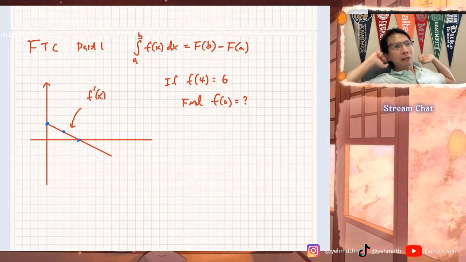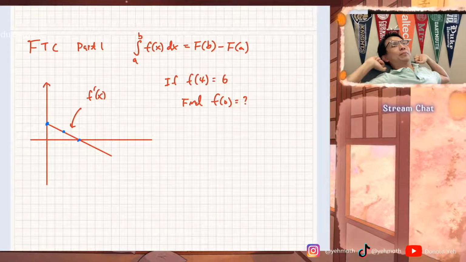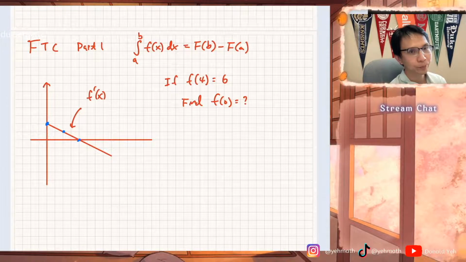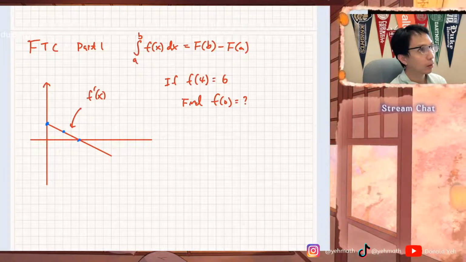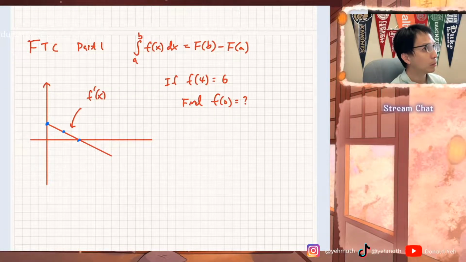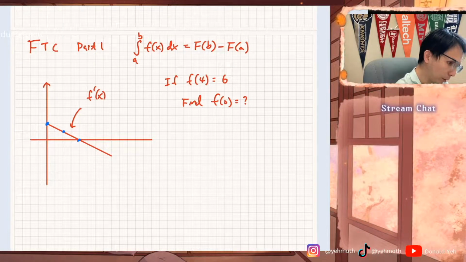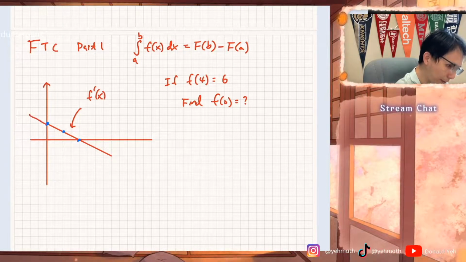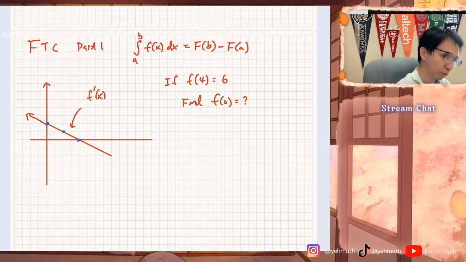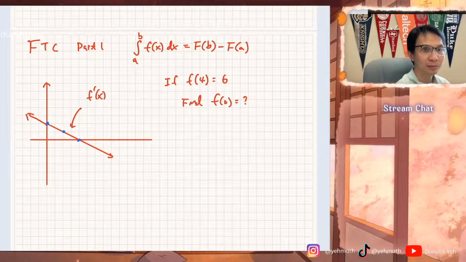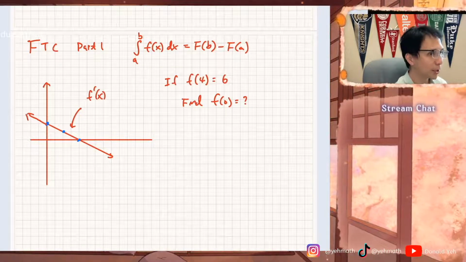Then it's 1/4 x squared plus 2x. You can go past 0, that's fine. It doesn't change anything.